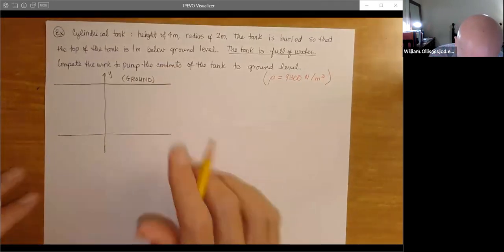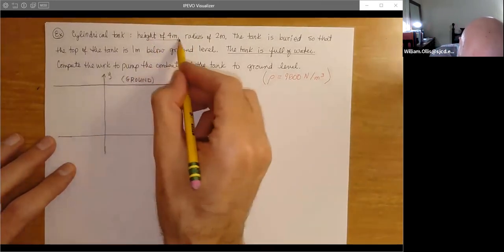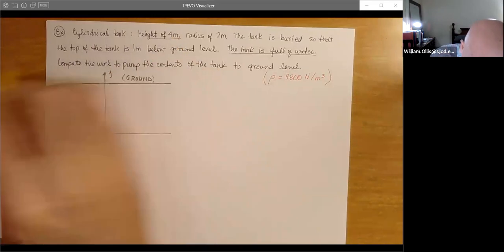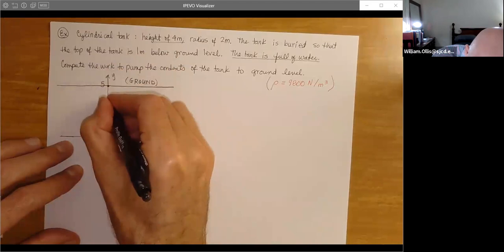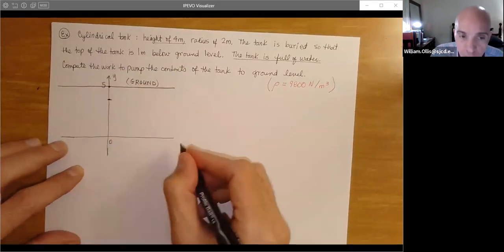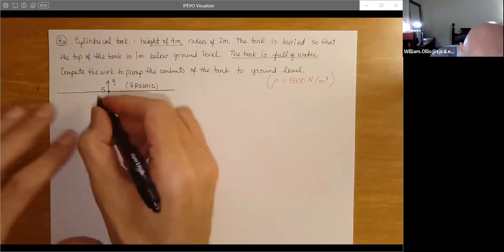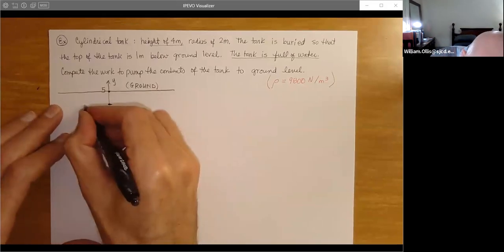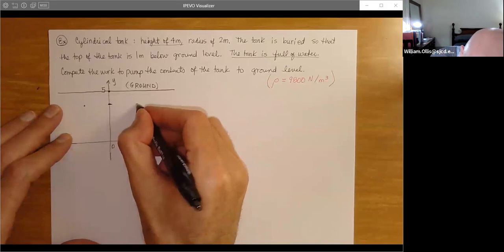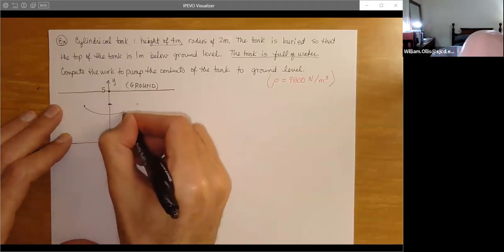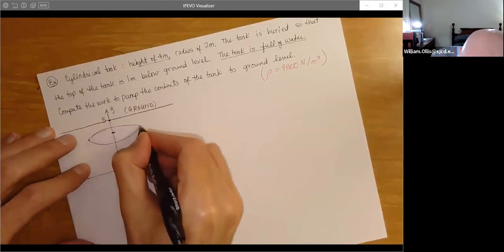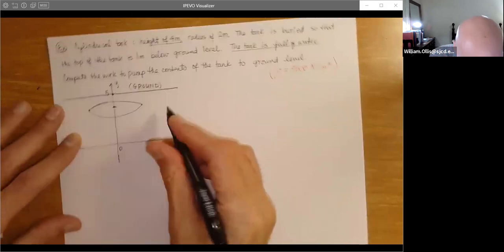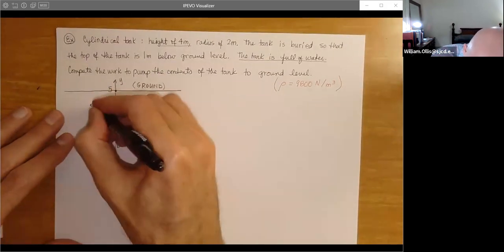Let's go ahead and mark this off. We know the height of the tank is 4 meters. So we can start at 0 here, and then this will take us to 5 here. And then we can say 4 here for the top of the tank. And I'll go ahead and draw our nice little picture for our tank. Again, a little bit lopsided.